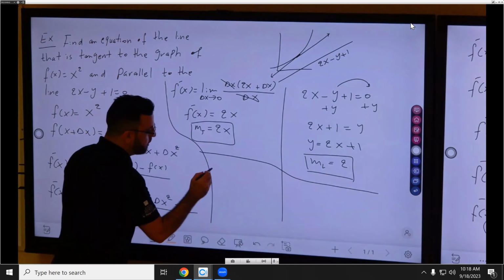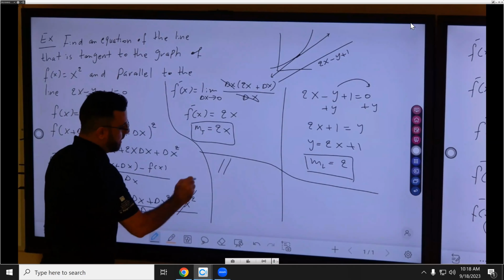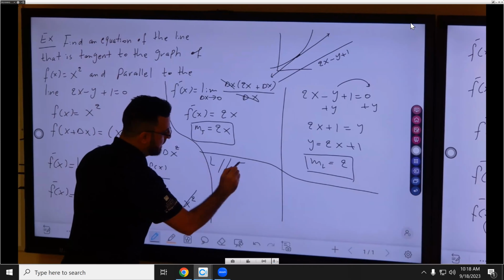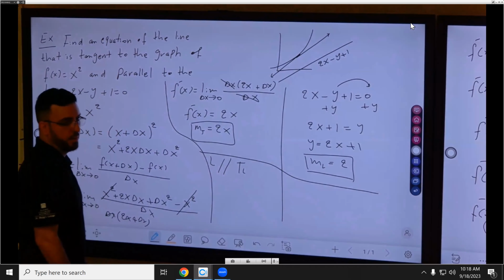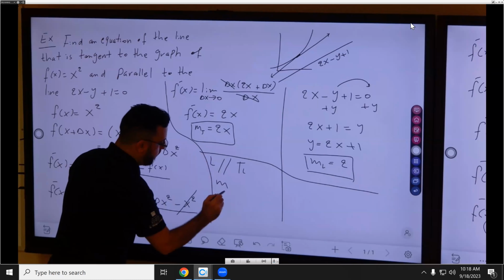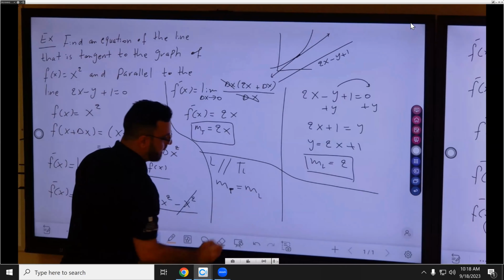So we have two parallel lines. Let's say the line is parallel to the tangent line. That means the slope for the tangent line is going to be equal to the slope for the line.